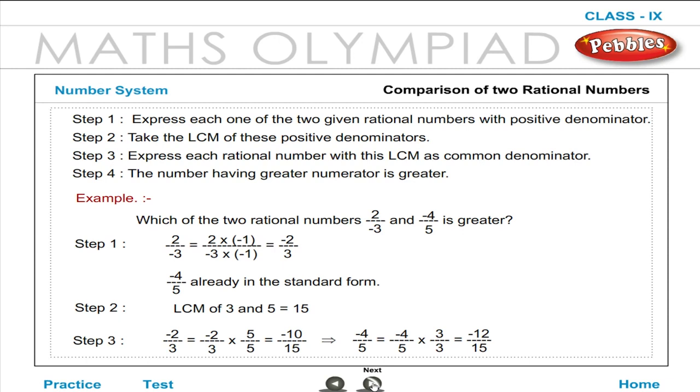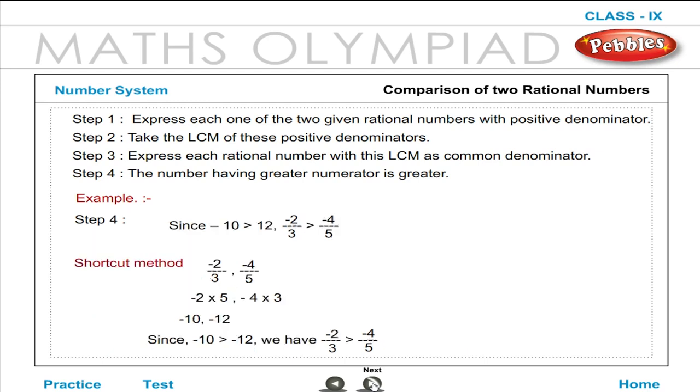LCM of 3 and 5 is equal to 15. Step 3. -2 by 3 is equal to -2 by 3 into 5 by 5, is equal to -10 by 15. -4 by 5 is equal to -4 by 5 into 3 by 3, is equal to -12 by 15. Step 4. Since -10 is greater than -12, -2 by 3 is greater than -4 by 5.